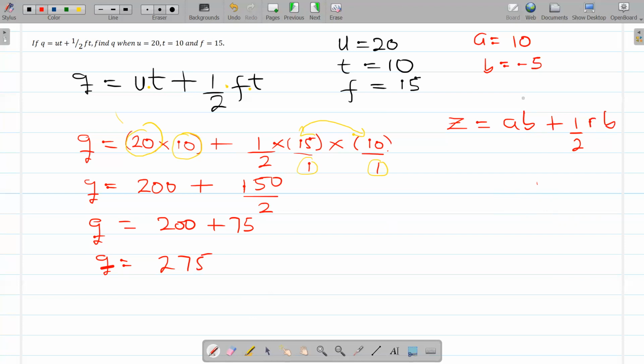Okay, let me do it this way. So A is 10, B is -5, and R in our case is, let's say, 8. Okay, so work on this, let's see. Sorry, I'm coming in 1 minute.